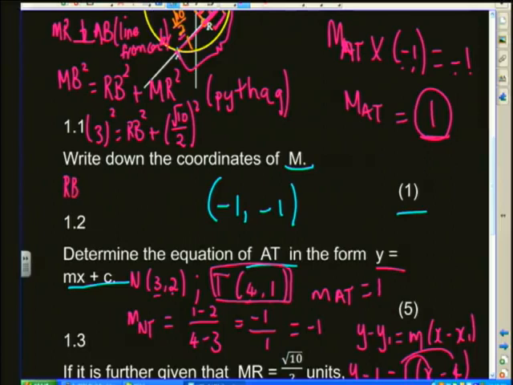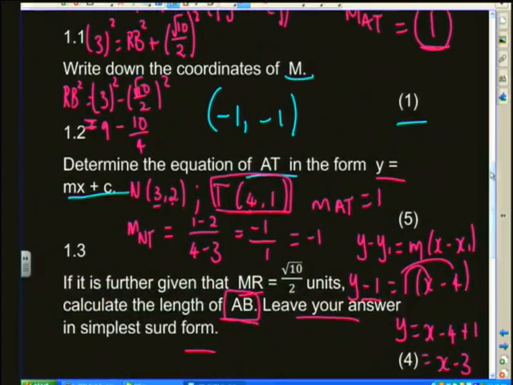So RB squared is equal to 3 squared minus root 10 over 2 squared. That's going to give me 9 minus 10 over 4. We can do that in our heads, but we're going to use a calculator because it's right here.